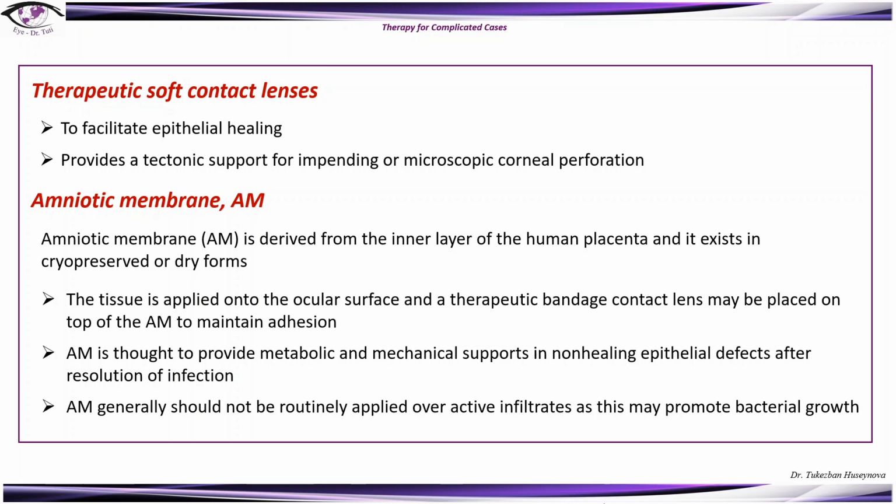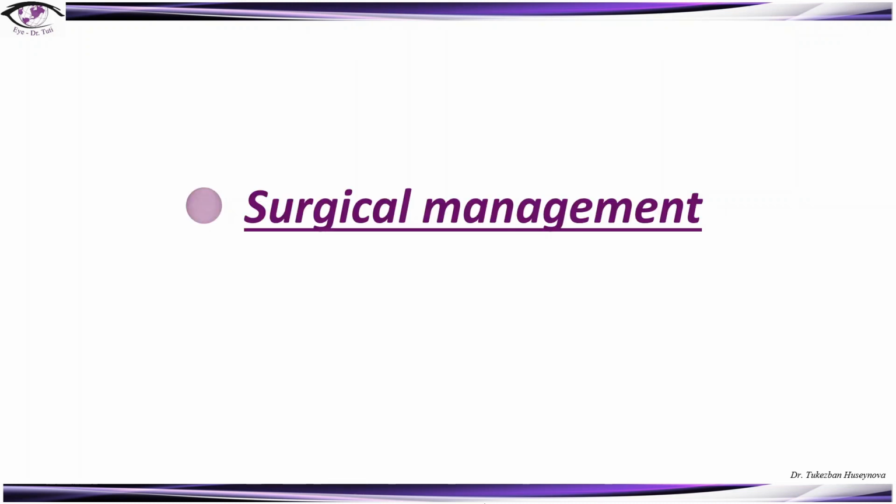It can be placed onto the ocular surface, and a therapeutic bandage contact lens may be placed on top of it to maintain adhesion. It is thought to provide metabolic and mechanical support in non-healing epithelial defects after resolution of infection. Of course, it should not be placed over an active infiltrate, as this may promote bacterial growth.